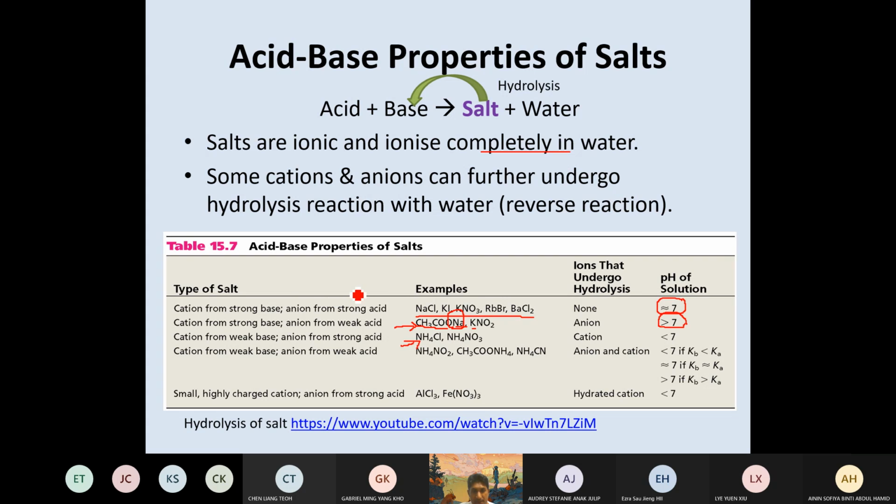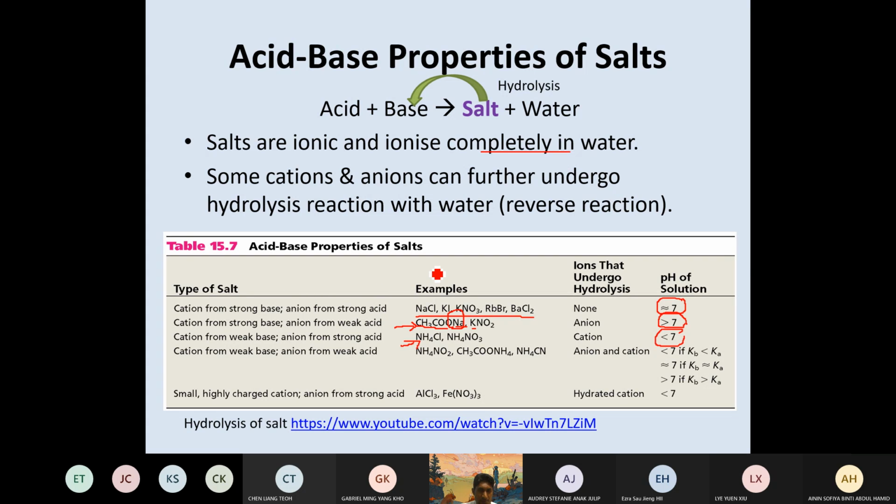So ammonium hydroxide is being replaced by chloride, and it produces ammonium chloride, and it is not a strong base at all, because it is coming from weak base and strong acid. So this is a salt which will have a pH less than 7. All right.